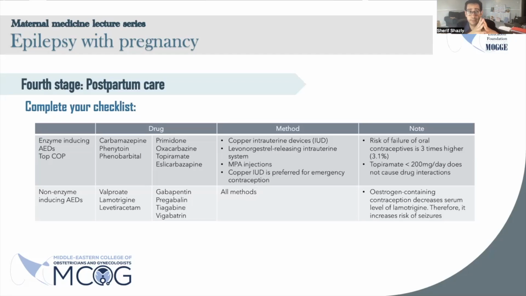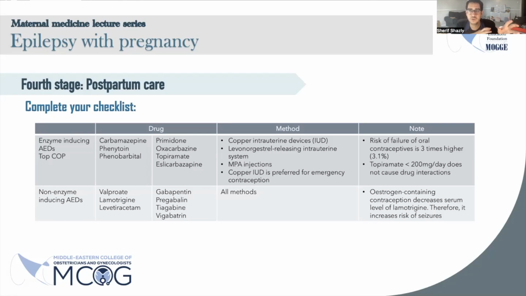So any anti-epileptic medication starting with B, P, O, or C is likely enzyme-inducing. Or if it's top, and top here means topiramate. So topiramate is the other one. So C-O-P or topiramate, not the T, but the topiramate specifically is the one that's enzyme-inducing.